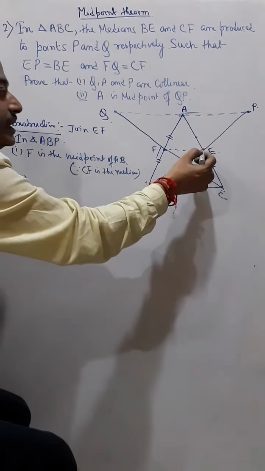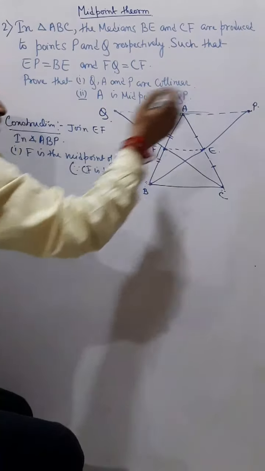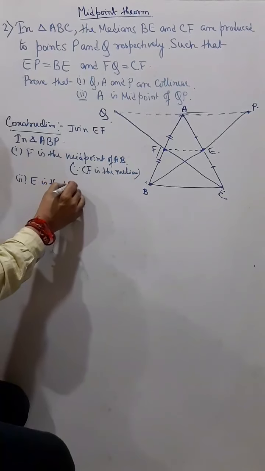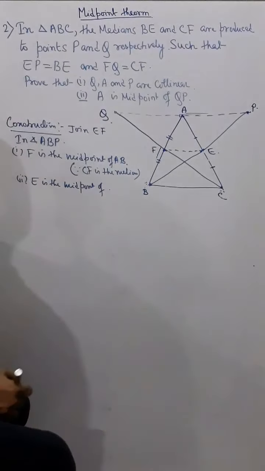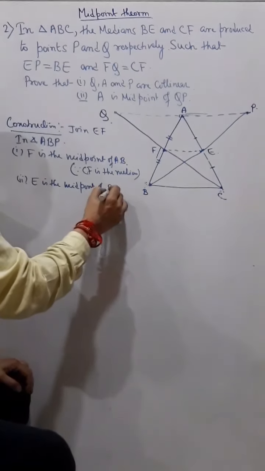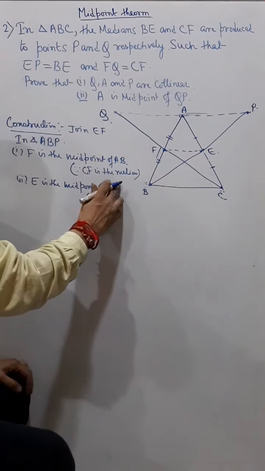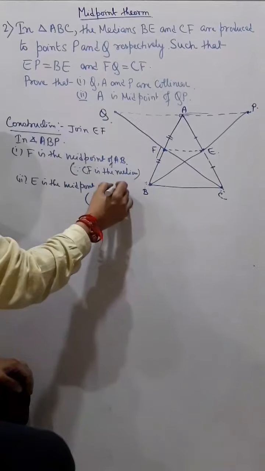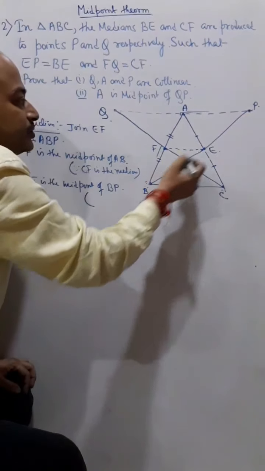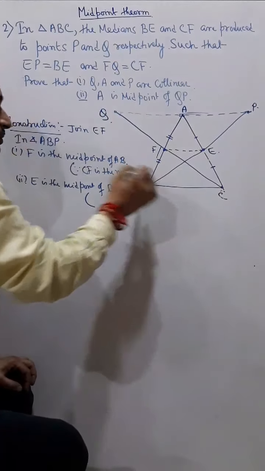And we can say that E is the midpoint of BP. Now the reason is that EP equals BE. So since EP is equal to BE, that means E is the midpoint of BP.